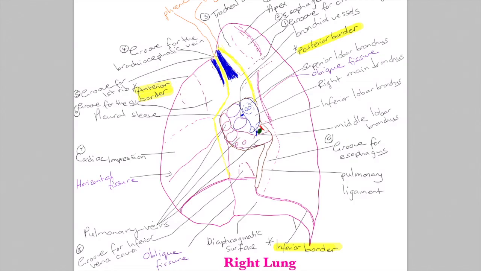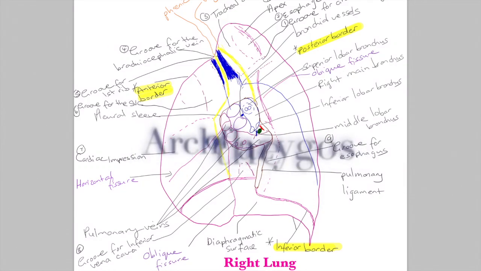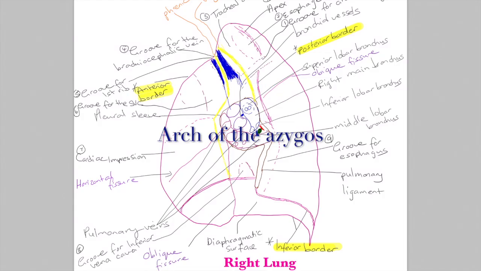I'm gonna erase this because I'm not a good artist, but it goes something like this, then it goes down like this, and the arches like that.